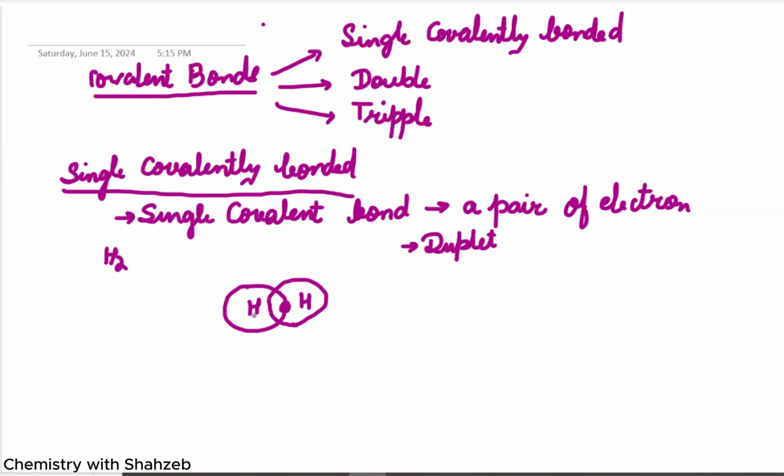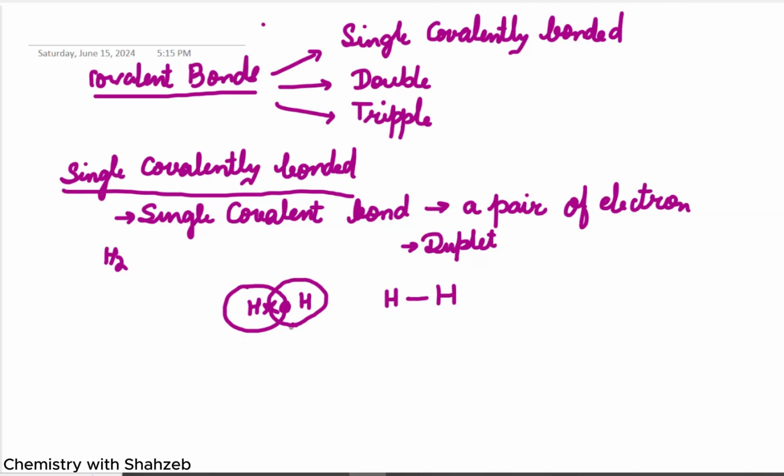I'm showing the electron of this atom with a dot, and the electron of this atom with a cross. Okay. So you can see this is a single covalent bond formation between hydrogen. And one important thing, as you can see, they are sharing a pair of electrons.